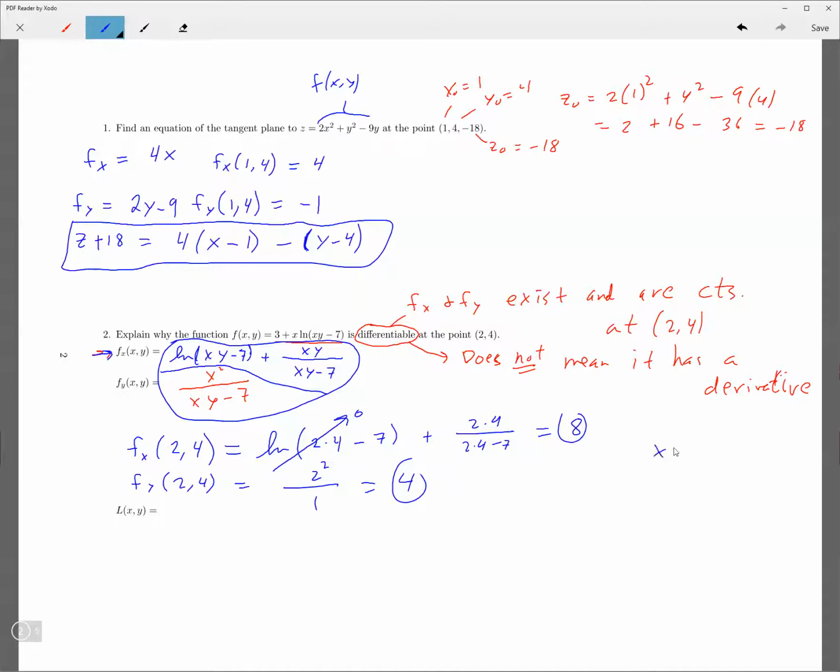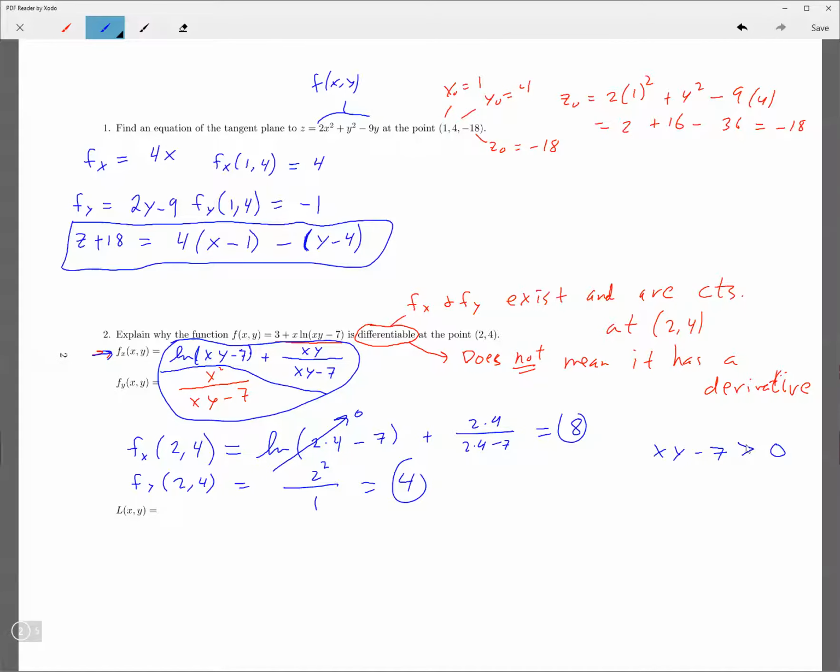Okay, so the problem that you're going to have is this logarithm part. First of all, here it can't be 0, right? But here it has to be greater than 0, because you can't take logs of 0 or negative numbers.